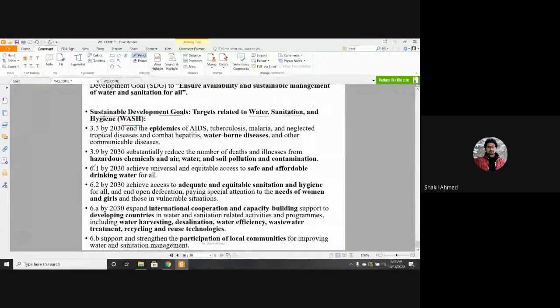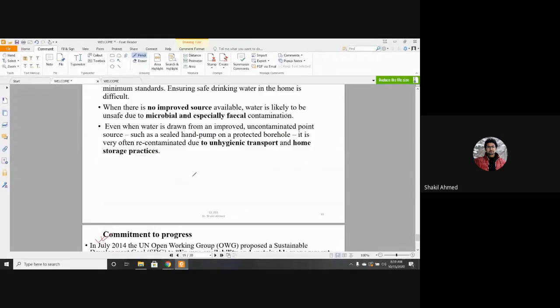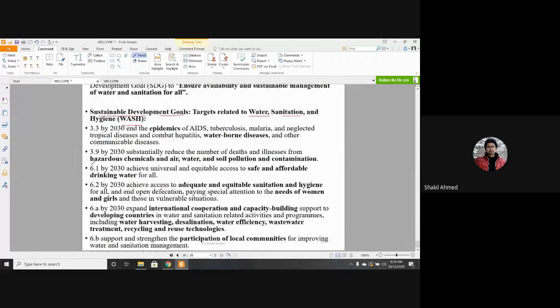Goal 6 also has 6.1, 6.2, so subheadings, or sub-goals. So under goal 6, there is 6.1, 6.2, 6.3, 6A, and 6B. And also other goals like goal number 3, target 3.9, these are also directly related to us.